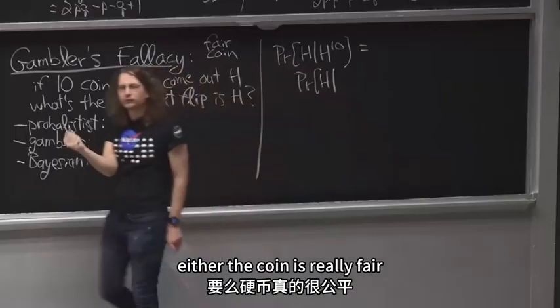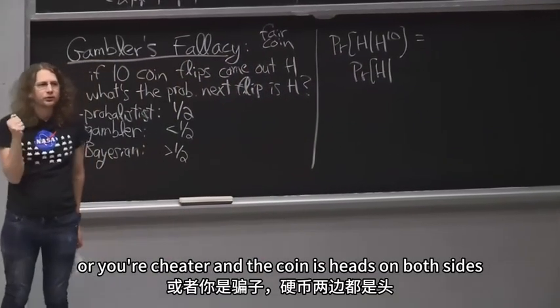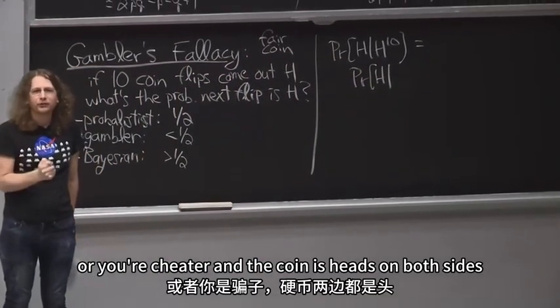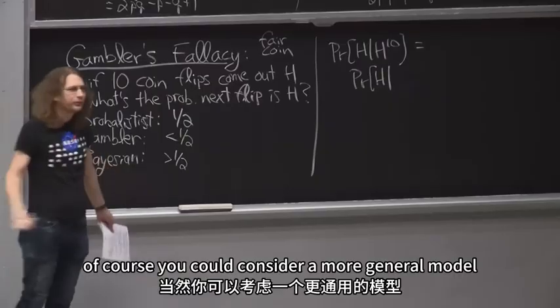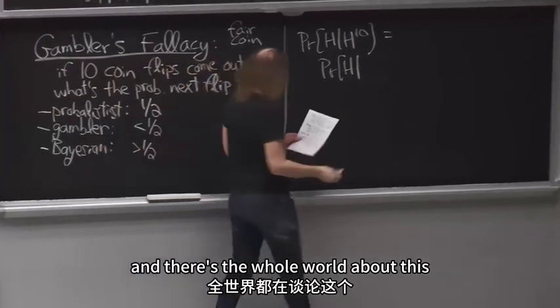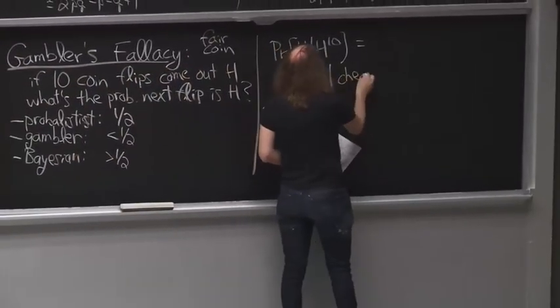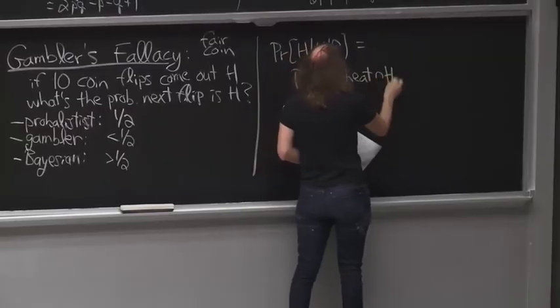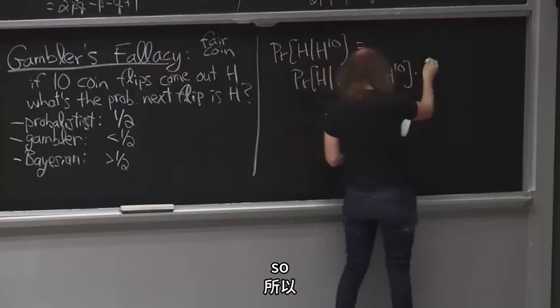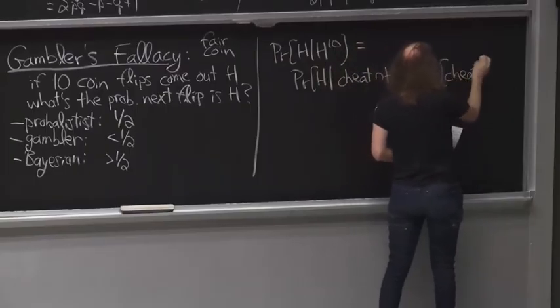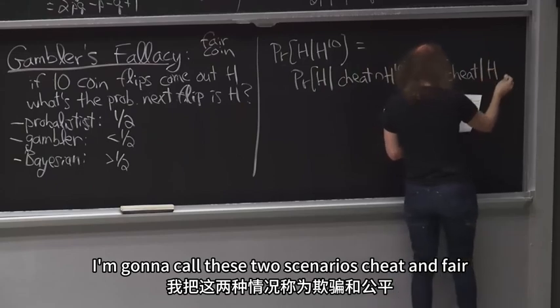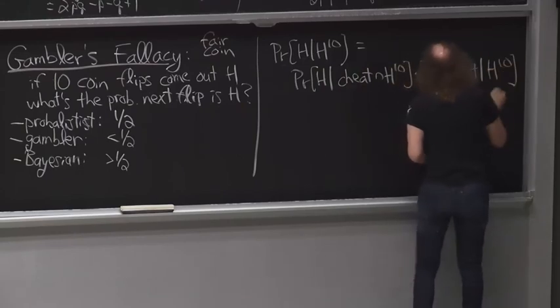Either the coin is really fair, or you're a cheater and the coin is heads on both sides. Those are the only 2 possibilities for this model. Of course, you could consider a more general model, and there's a whole world about this. So I'm going to call these two scenarios cheat and fair.